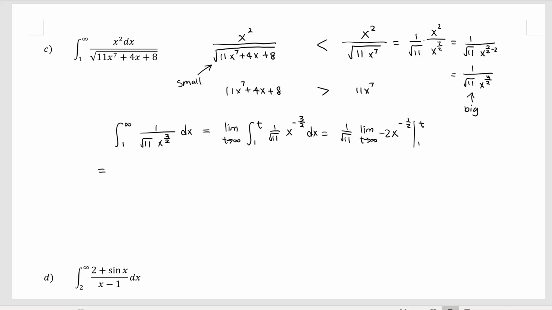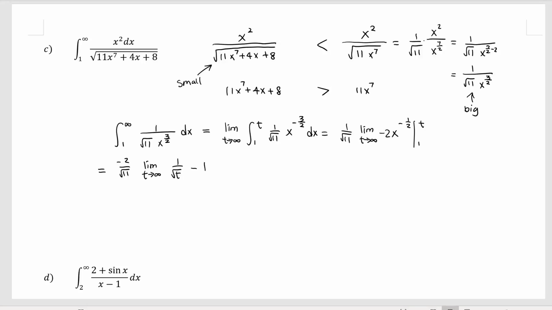Okay, what does that mean? So minus 2 we can actually pull outside, right? And then we have the limit as t goes to infinity of t to the minus half, which is the same as 1 over the square root of t, and then minus, we're plugging in 1 to the minus 1/2, which is 1. 1 to whatever power is 1.